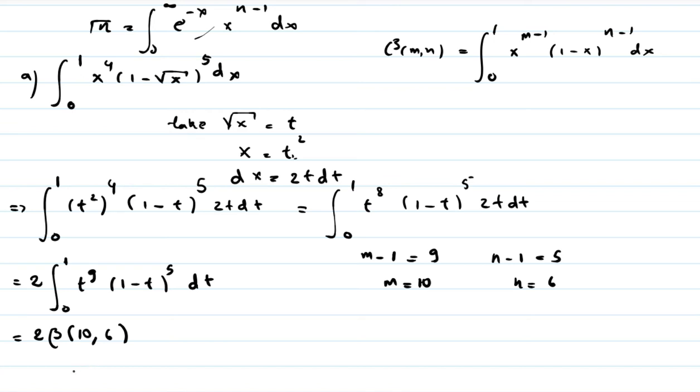Now we have also seen that there is a relationship we use with the beta function, a relationship between the beta and gamma functions, in the other video. If we have beta of m, n, that is equal to gamma of m into gamma of n divided by gamma of m plus n. This is one of the properties we have seen.